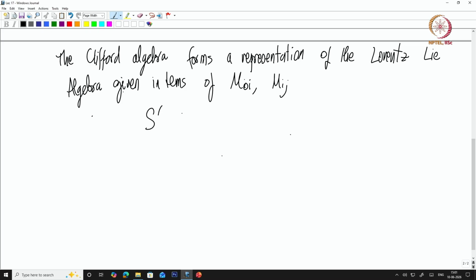So, S of lambda is equal to 1 by 4 sum of gamma mu commutator gamma sigma.